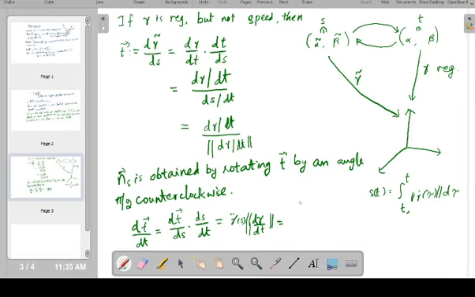Gamma double dot is kappa of s times vector N of s, and then you have this thing, the norm of d gamma divided by dt. So this is the expression for dT by dt.